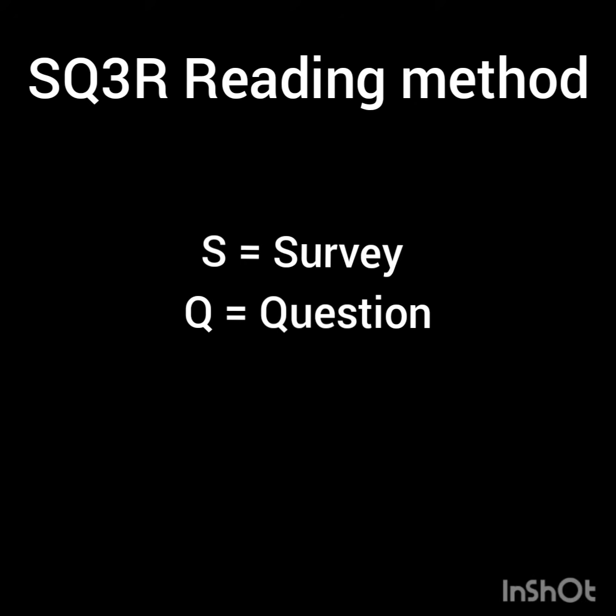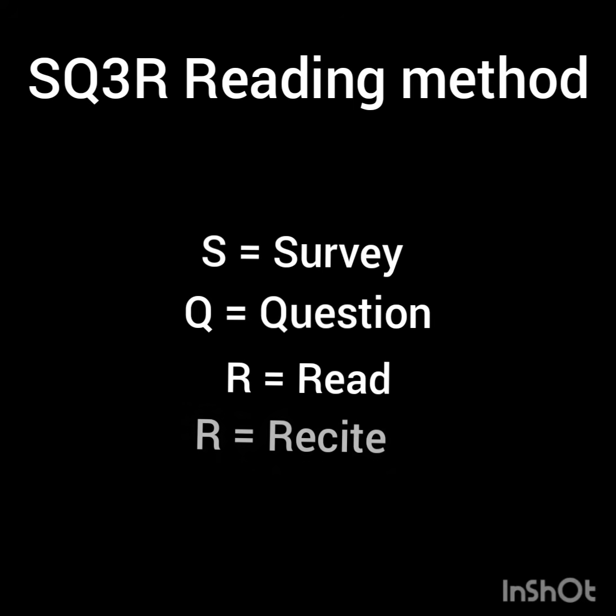The third abbreviation is read, means then to do the actual reading of the chapter or the text or the passage, bearing in mind the questions that you would have formulated in the second step. The fourth is to recite, means to say in your own words or to write down the answers to the questions that you would have asked in step 2.